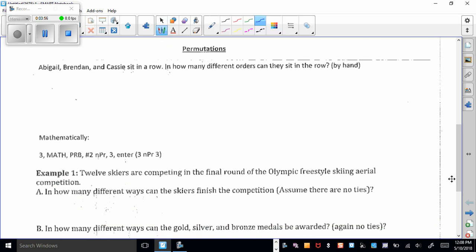Now we're talking about permutations. Well, actually, when we talked about outfits, that was the fundamental counting principle, right?